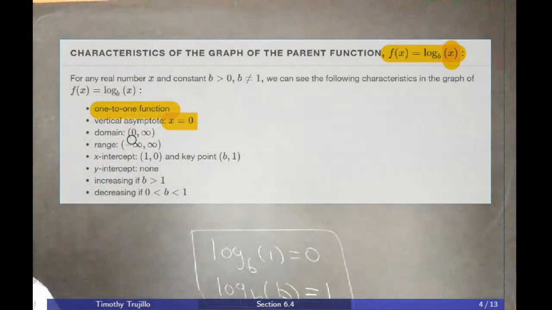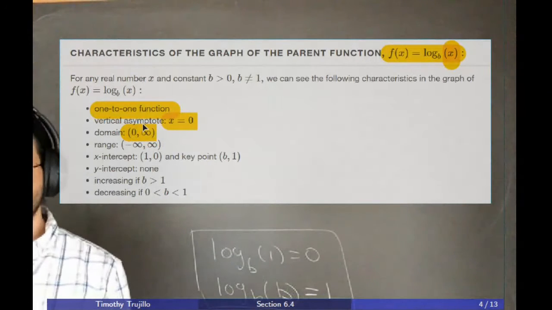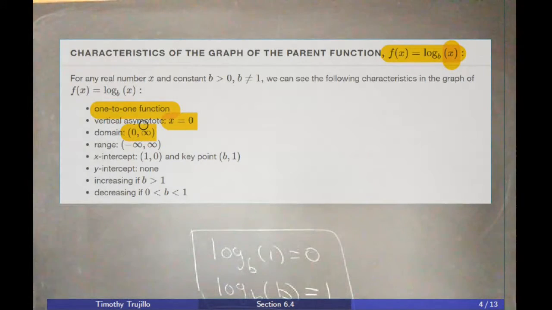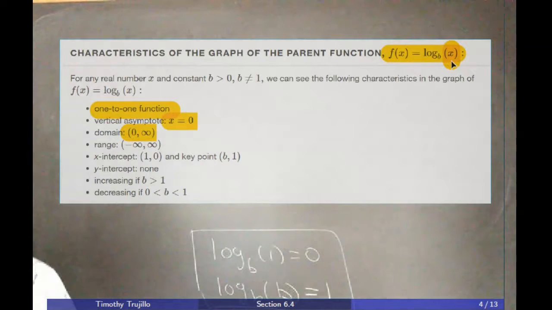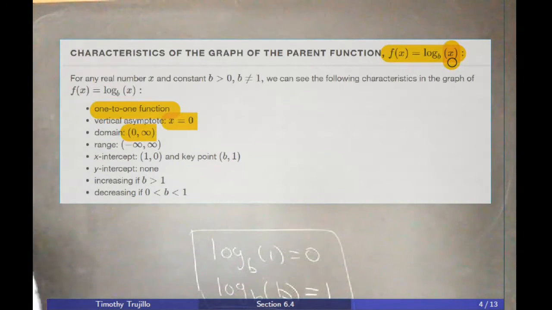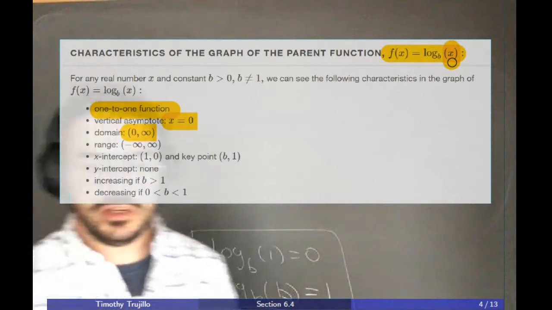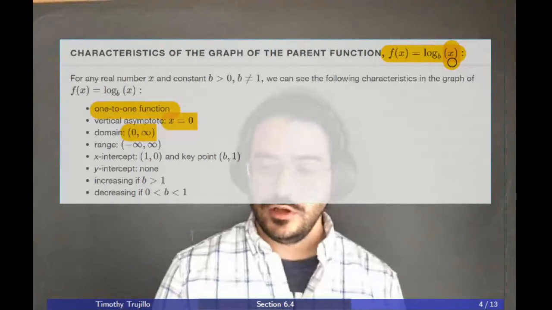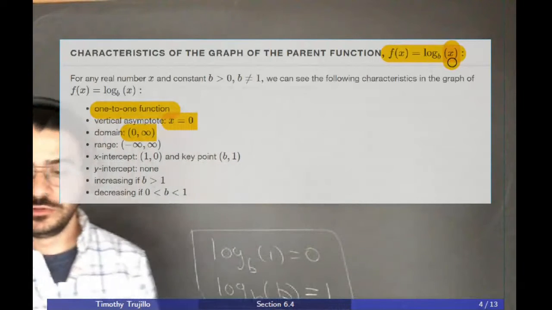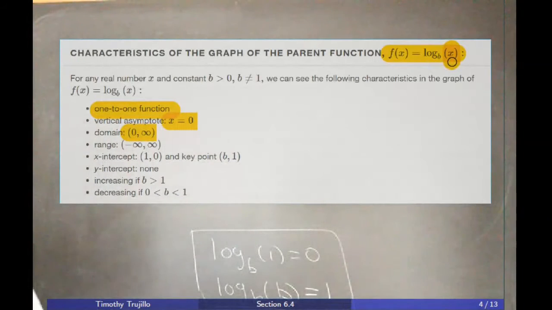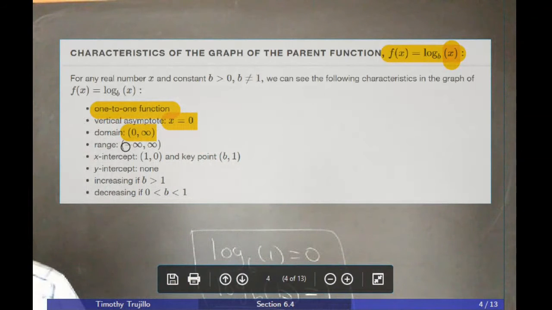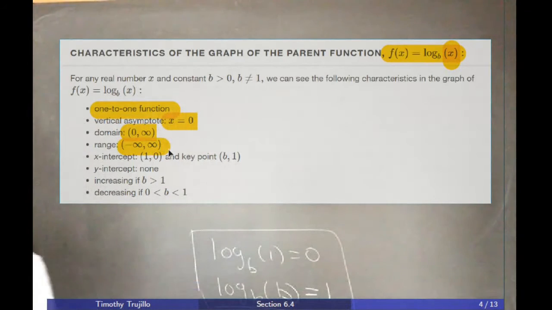Another thing we saw was that the domain is only the positive numbers, so those from 0 to infinity. We can only plug in positive values for the input of a logarithmic function. If we tried to plug in something negative, it would give us an error. Because of the relationship to the exponential function, the range is negative infinity to infinity.